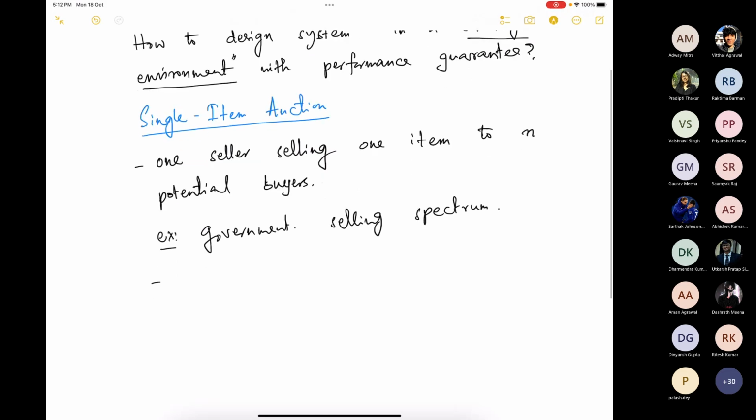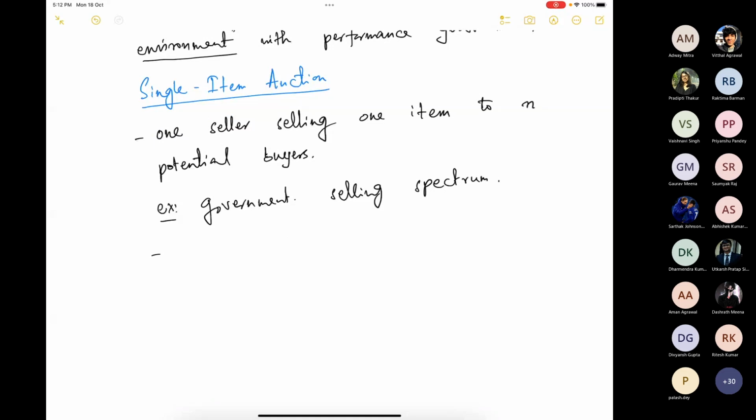Second, I'm explaining the setting of single item auction.